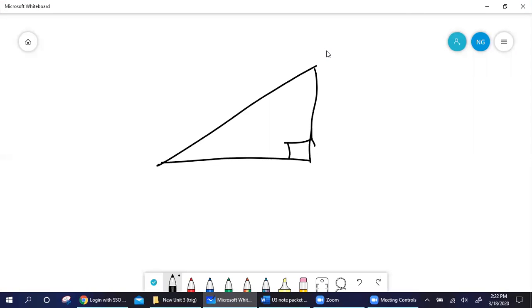The opposite, adjacent, and all that stuff are in reference to an angle. So let's say the angle I care about is this little angle here, this acute angle. I'm going to call it alpha. The opposite means the side that is opposite from that angle. So this will be considered the opposite side. The adjacent, now technically 2 sides are adjacent.